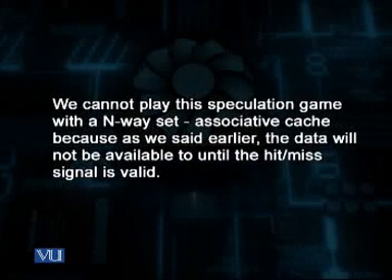However, we cannot play this speculative game here with an n-way set associative memory, because as we said earlier, the data will not be available to you until the hit or miss signal is valid.